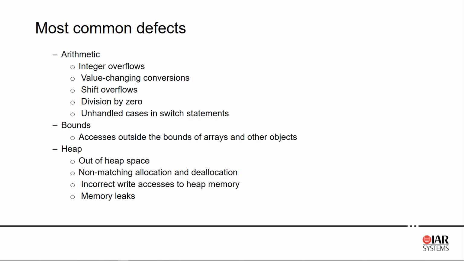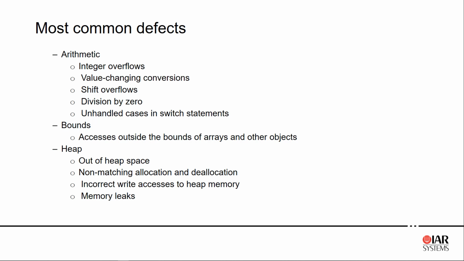So if you perform a divide by zero, it actually just returns zero and you have no idea that you just performed an illegal operation. Also, unhandled cases in switch statements where people don't provide a default statement because they think they've handled every single thing that could come across that switch statement, and then through the course of debugging they find out that they really haven't. Also, bounds checking is a huge problem.